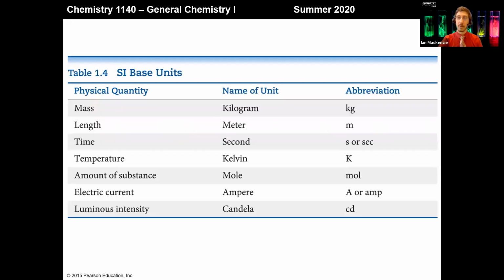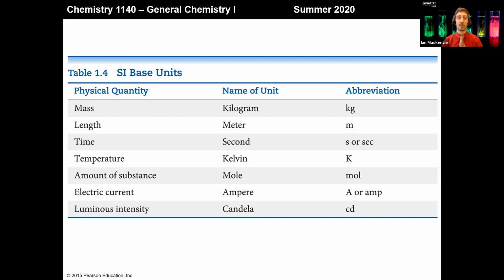Now, the metric system we just talked about, the example I used was grams. But additionally, there are units for all different types of measurement, whether it's mass or length or time. And to limit confusion, scientists have gotten together and decided on one set of units to be the standard unit by which to reference everything.